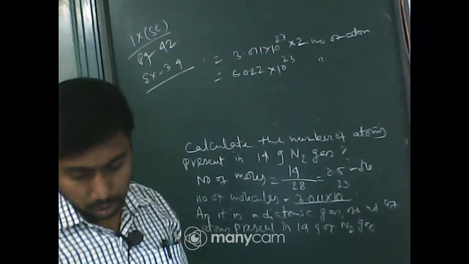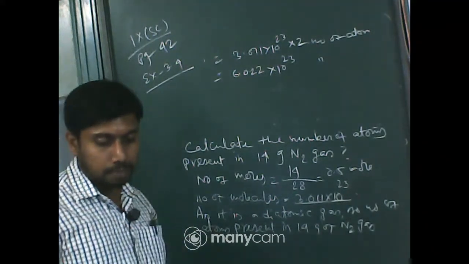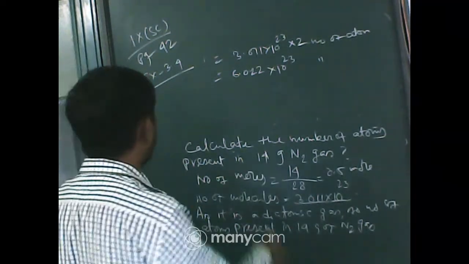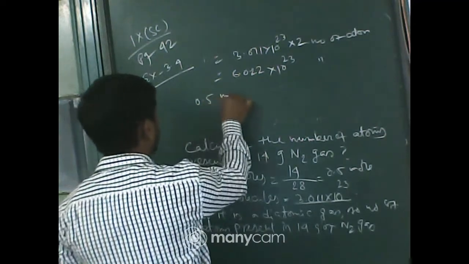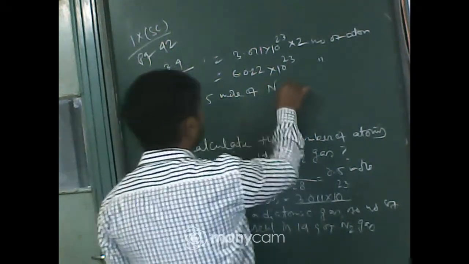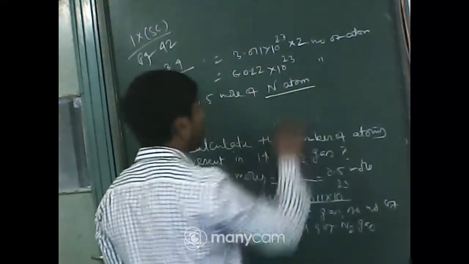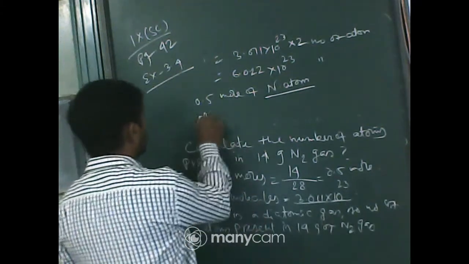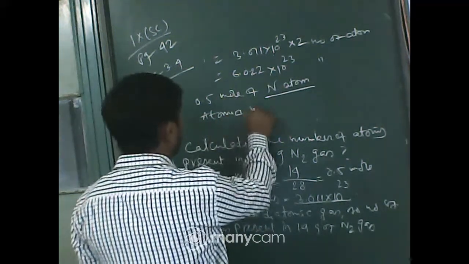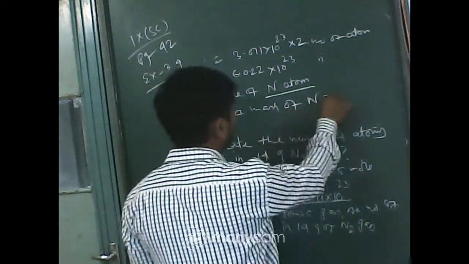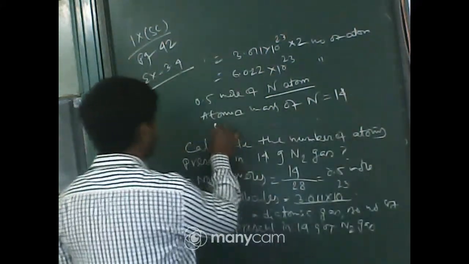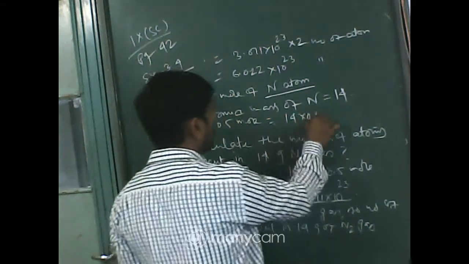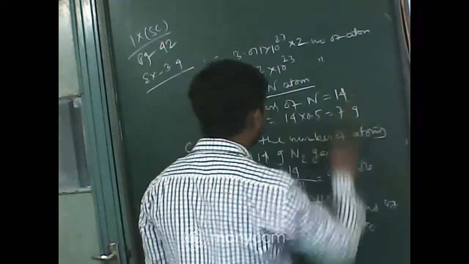Okay. So move to the next problem. 0.5 mole of N atom. So here the molecular mass is not required, here atomic mass is required. So the atomic mass of nitrogen is equal to 14. So 0.5 mole is equal to 14 into 0.5, that is 7 gram.